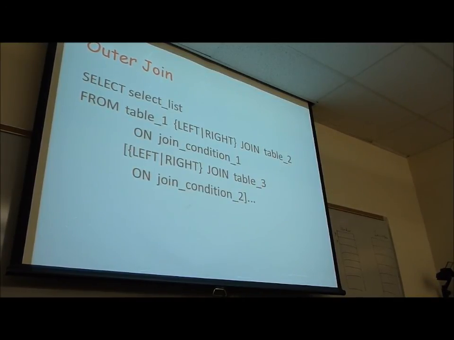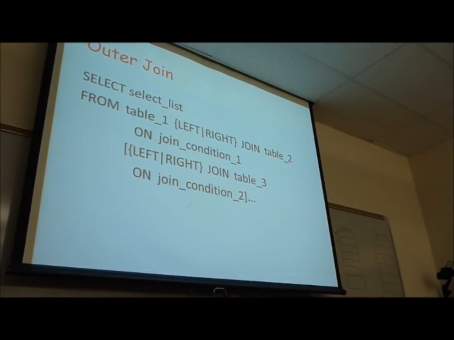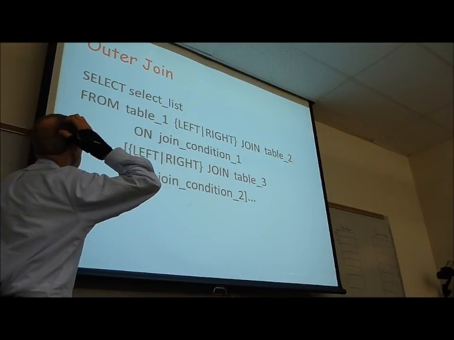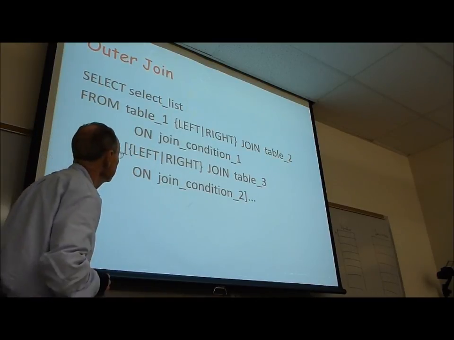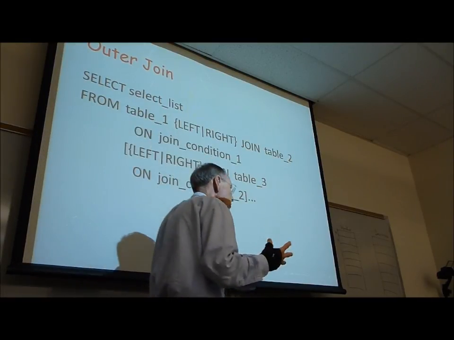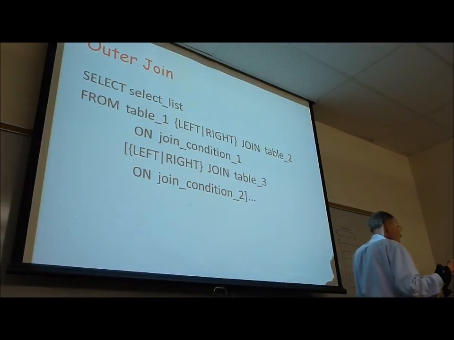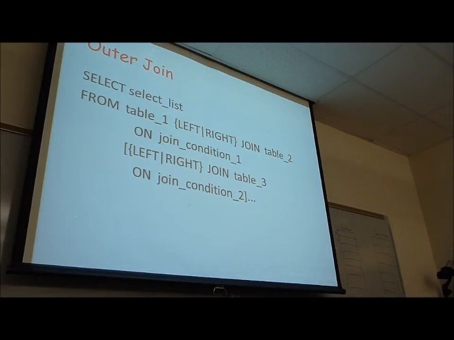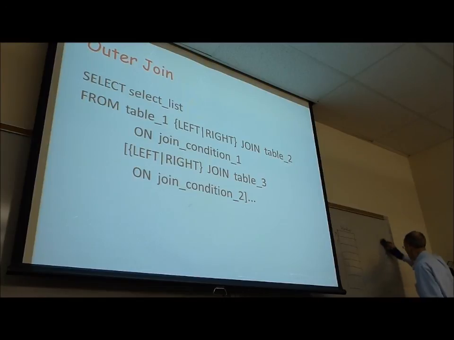Outer join. Okay. Let's look at the syntax, then we'll say, what is it going to do for me? It looks just like a join. What we've been talking about is something referred to as inner join. We match on common columns. So I'm going to do that here.